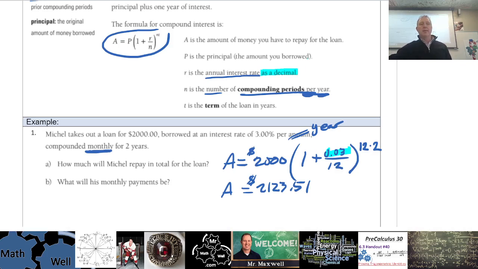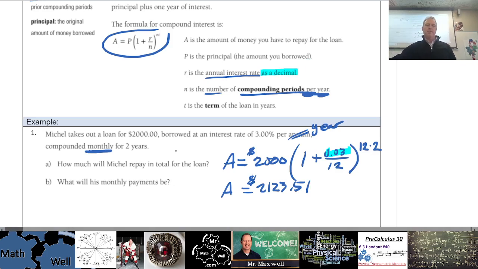So for B, it says what is the monthly payment? So basically, this is the total. So the monthly payment would be this total amount divided by 24 months, because there's 2 times 12, or 24 months to pay. So we'll just do that.